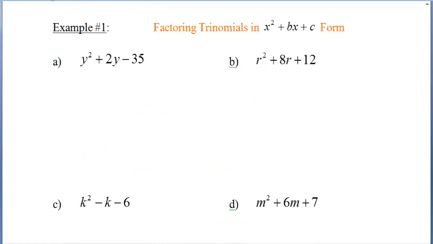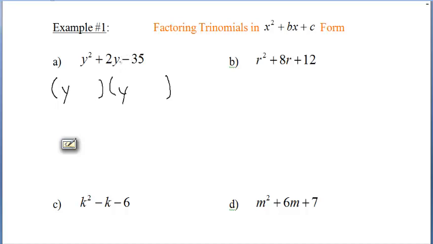Looking at our first example, y squared plus 2y minus 35. The GCF is 1, so this can't break down any further. So we're going to write our two sets of parentheses. Now, to determine what signs we use, we look at the sign of our constant.